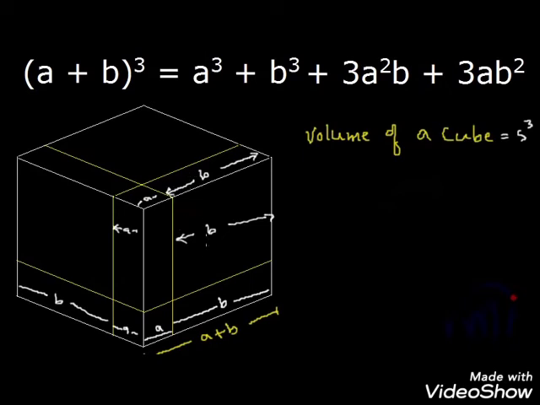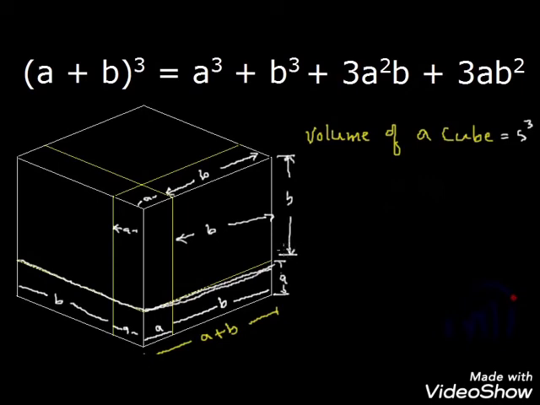And now if I cut this cube along this line, we are going to get two slabs where one slab will have height equal to A, right? And another slab will have height as B, isn't it?